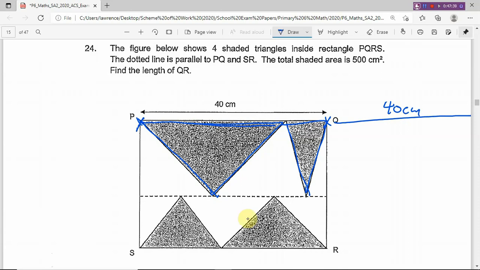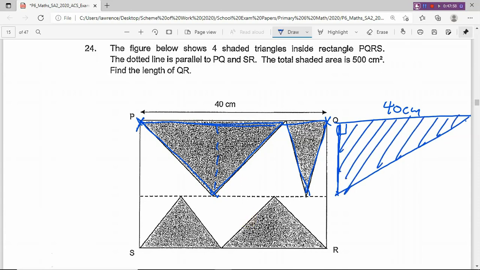And how tall is the right angle triangle? It's the same height. So I draw a right angle, and the height is at the corner, at the end of the line. That's where I draw the height, and then I join. Isn't that my right angle triangle, which is the same area as the two shaded triangles?